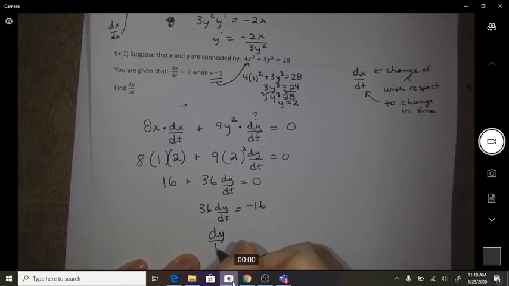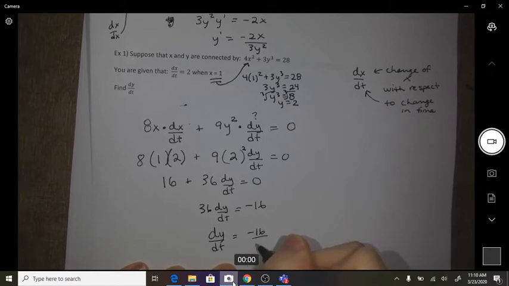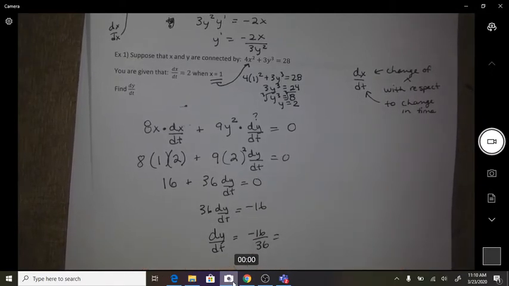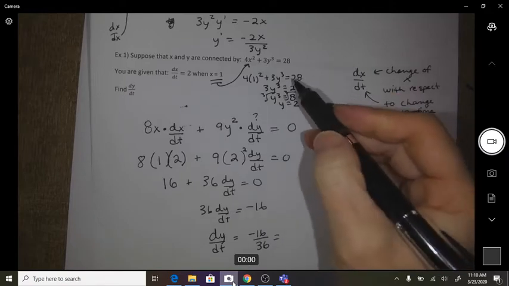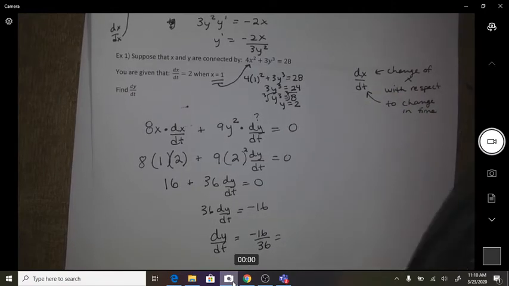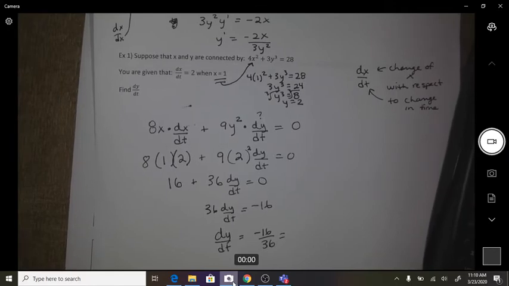So the change of y with respect to time is negative 16 over 36, or you can write it as a decimal as well. So negative 16. Okay, so y is changing with respect to time.